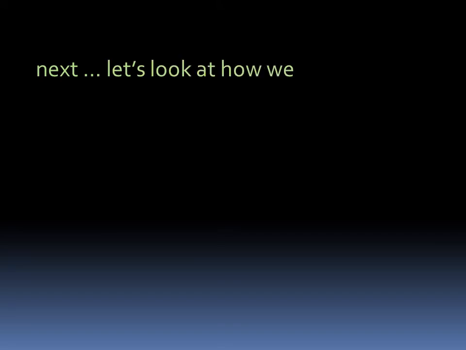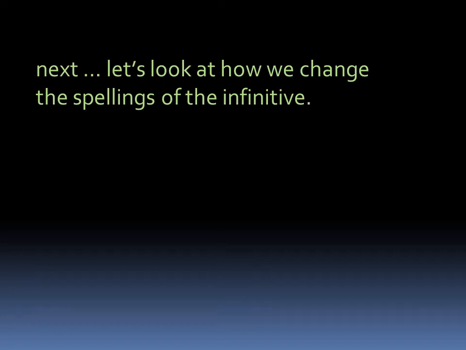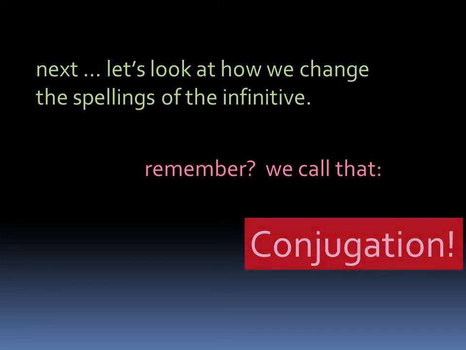So we've done the subject pronouns, but now we have to talk about changing the spelling of the infinitives. Remember what we called that again? Right, conjugation. So let's learn how we conjugate those infinitives next.